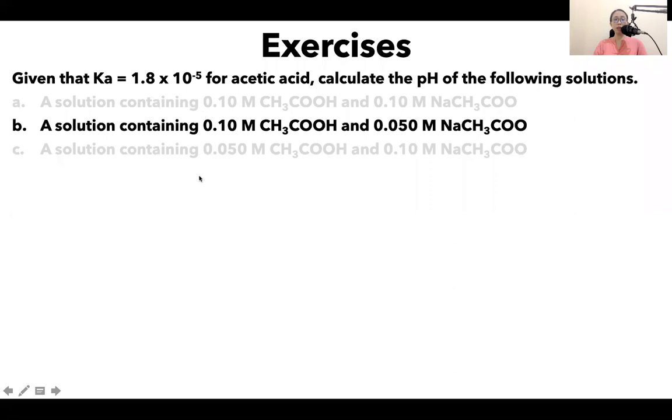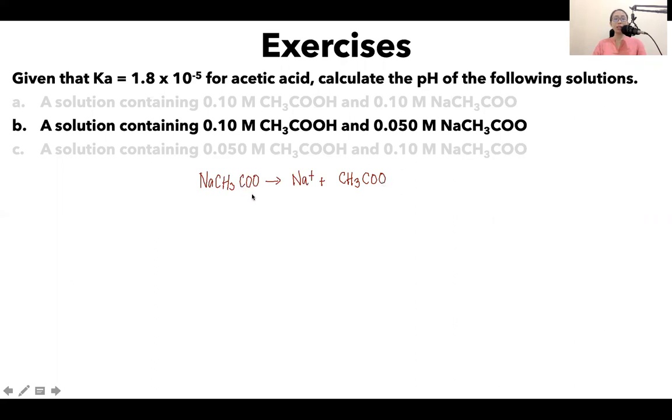And you know that salts dissociate completely in water. So your sodium acetate is basically dissociated into sodium ions and acetate ions. So we refer to the salt as our source of the conjugate base.